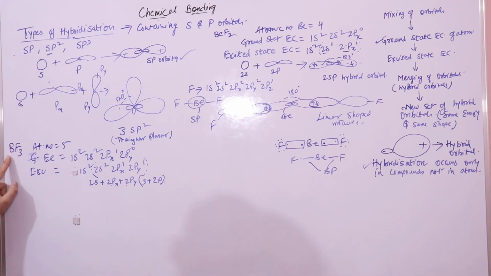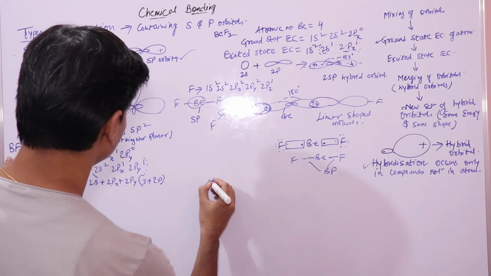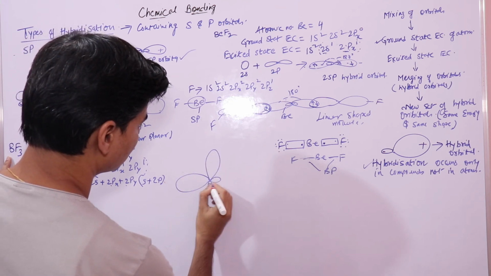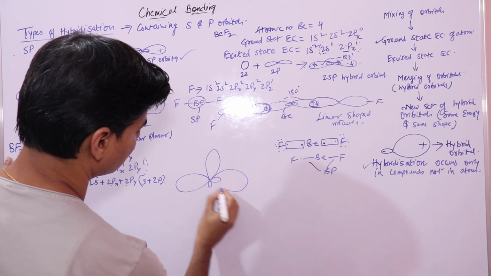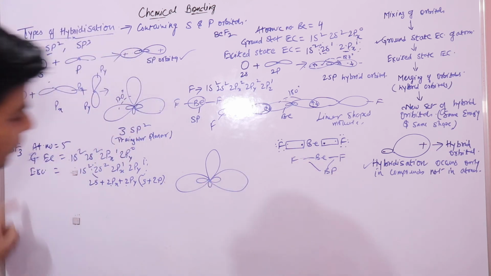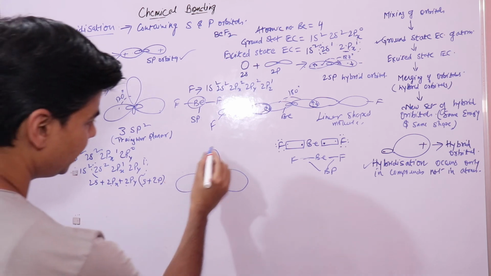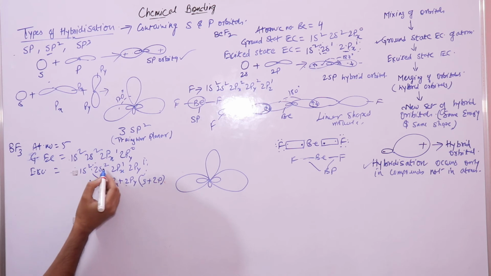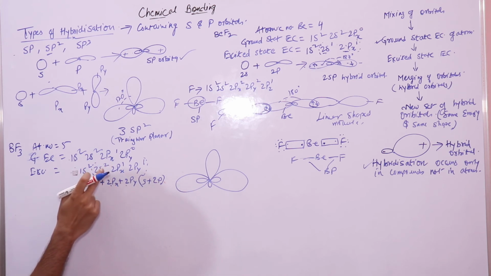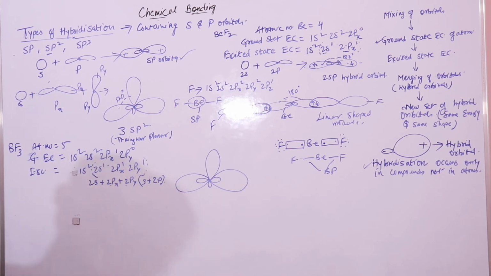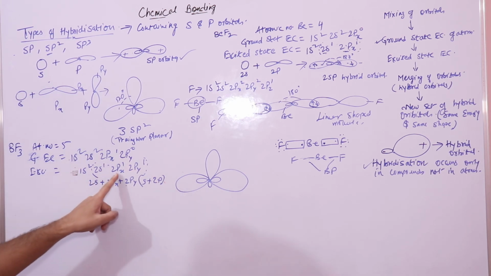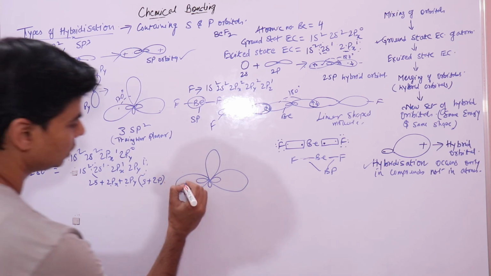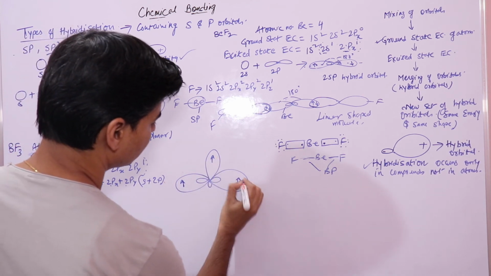These are the sp2 hybrid orbitals of boron, like this. Now these three sp2 hybrid orbitals each have one electron, right? So all these have one electron, right?